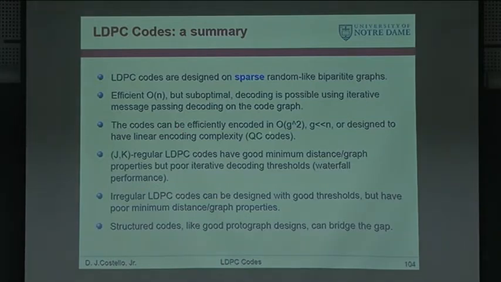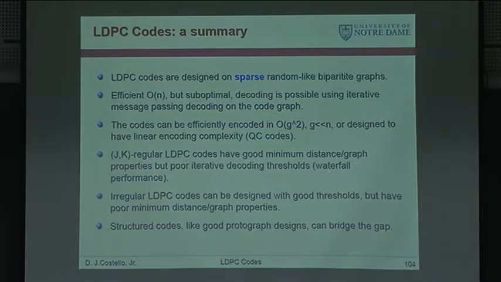The encoding can be order g squared, where g is much, much less than n, or it can even be linear if we use quasi-cyclic codes. JK regular codes in general have good distance and graph properties, like trapping sets, stopping sets, and things, but poor decoding thresholds.